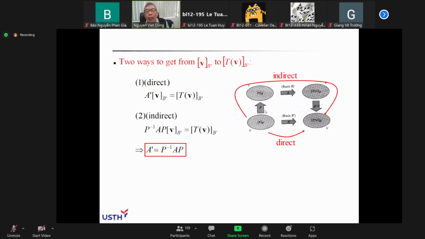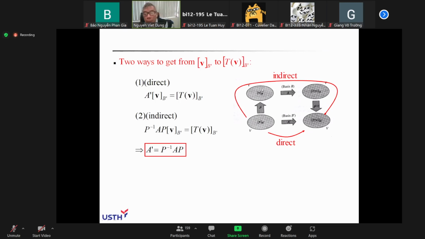And the other way we call the indirect way. First we change the coordinate of V relative to B prime into the coordinate relative to the basis B, not B prime like down here.